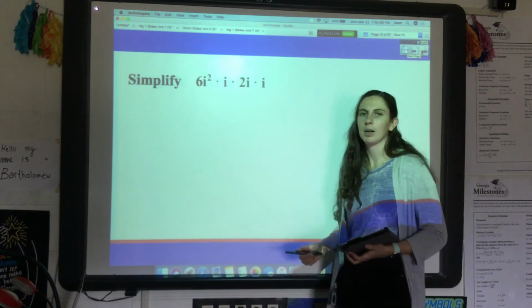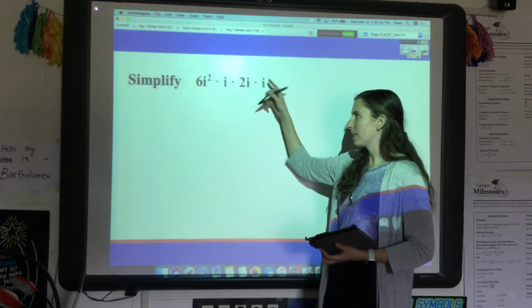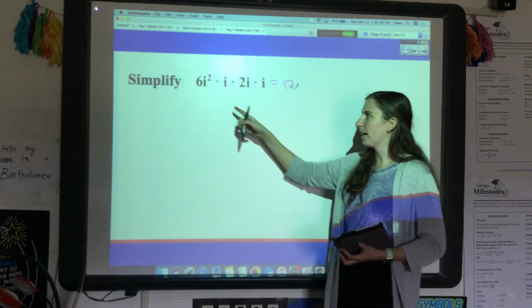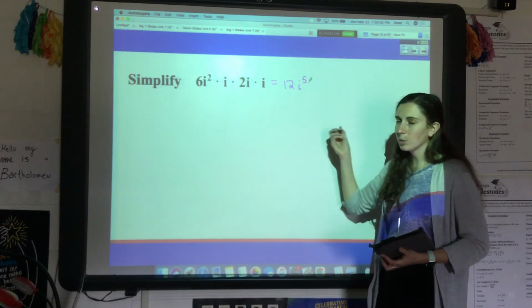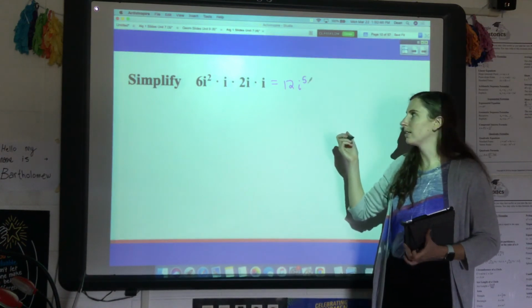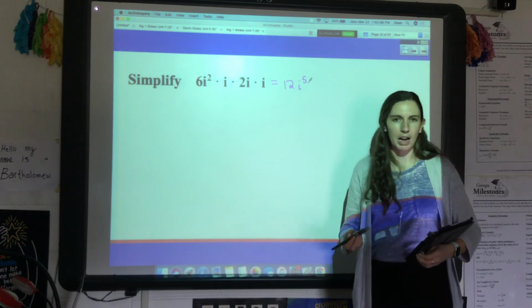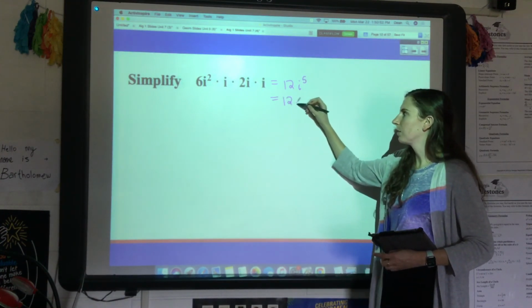So for example, in a problem like this, we got 6 times i squared times i times 2i times i. So that would be 6 times 2 is 12. And then how many i's are there? 2, 3, 4, 5. So if you remember what i to the 5th is, you could just replace it. Or you could break it into something that you do remember. Maybe you remember what i to the 4th is. Or if all else fails, just break it into i squareds.